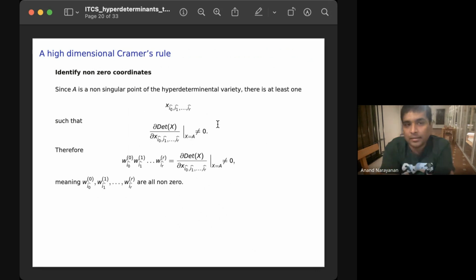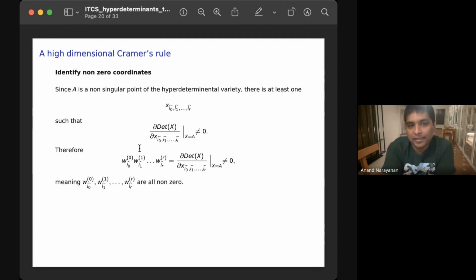And by Gelfand-Kapranov and Zelvinsky, this implies that the corresponding coordinates that appear as the product are all non-zero, right? Because otherwise the product will go to 0.